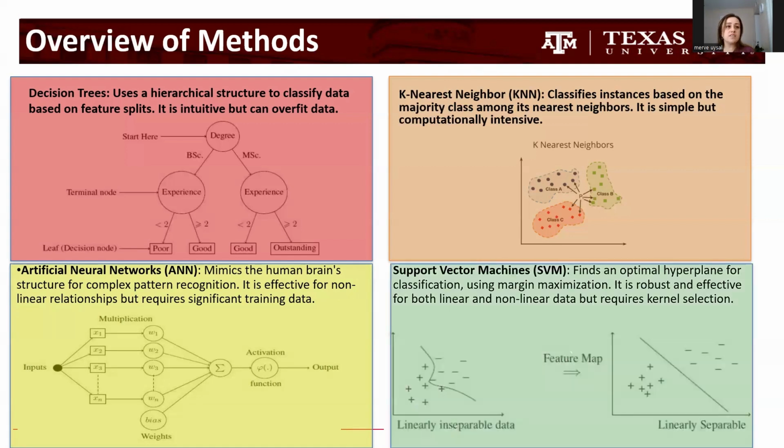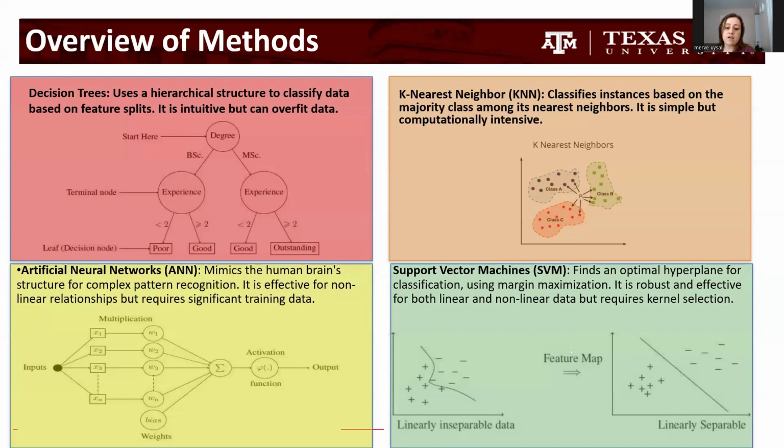And the last one is about support vector machines, SVM. It is a powerful supervised learning algorithm that works by finding the optimal hyperplane that best separates the classes in the feature space. The goal is to maximize the margin between the classes, which helps to ensure that the classifier generalizes well to unseen data.